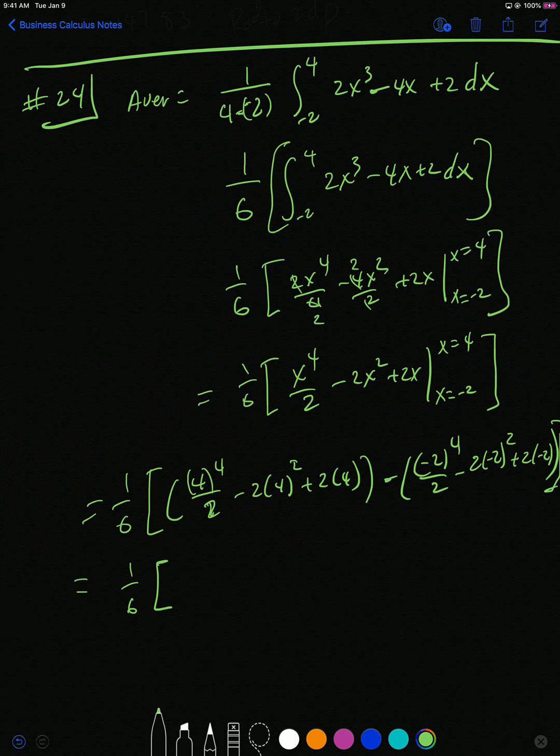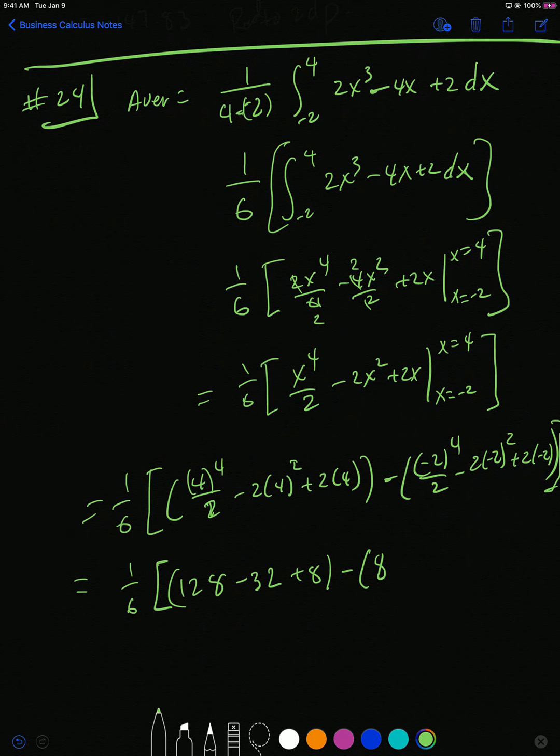4 raised to the 4th power, 256 divided by 2, 128 minus 4 squared times 2, 32, plus 8, minus negative 2 to the 4th power, 16 divided by 2 is 8.